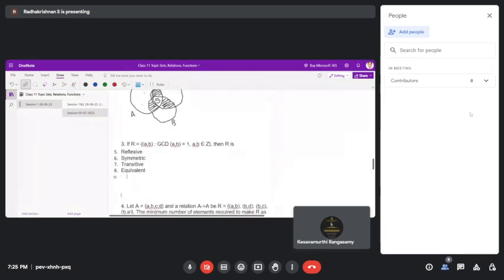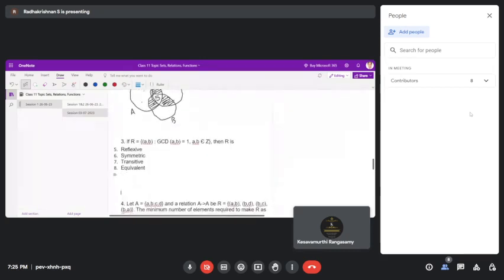Okay. Let's look at this relation. A couple of problems in sets. So we move on to relations now. So here is a relation in real numbers. A, B belong to Z, which is the integer set.